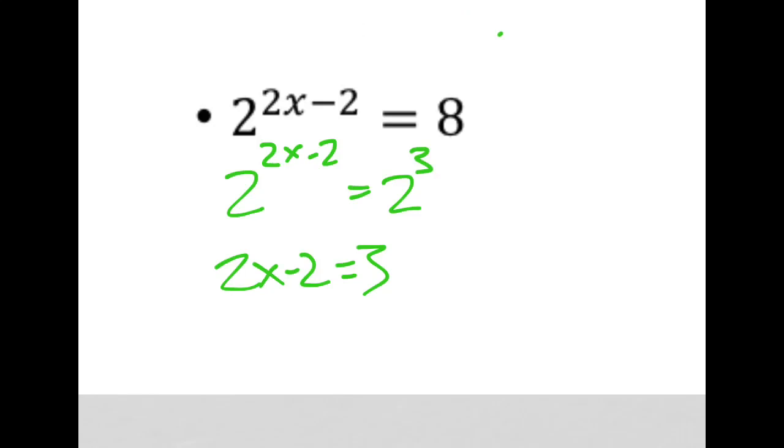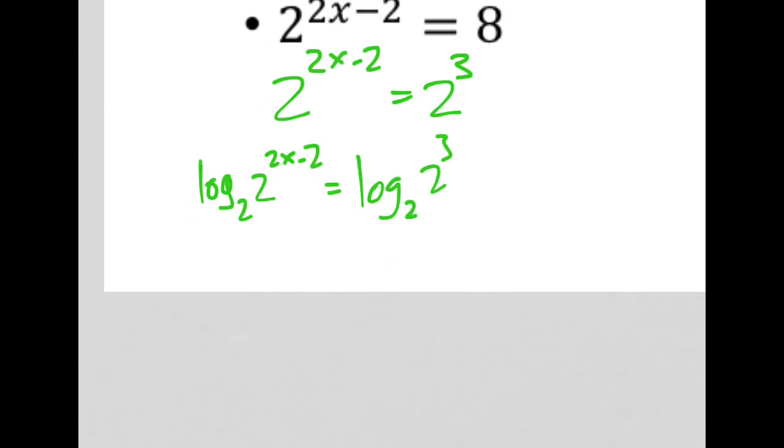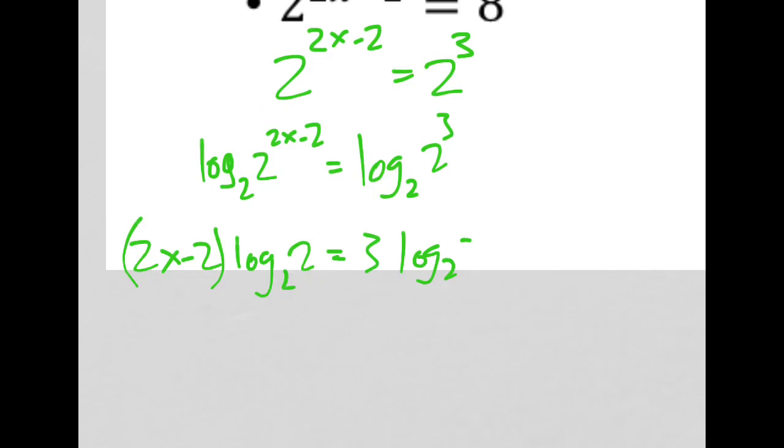But why is that? Well, imagine if you took the log base 2 of each side. Then we could use our power rule to say 2x minus 2 times log base 2 of 2 equals 3 times log base 2 of 2.